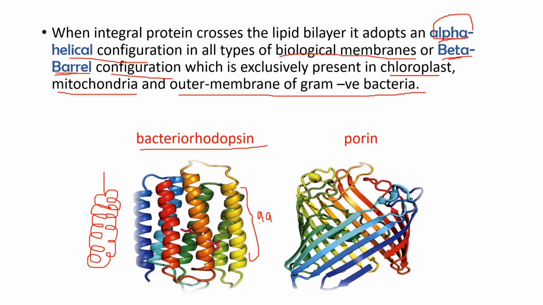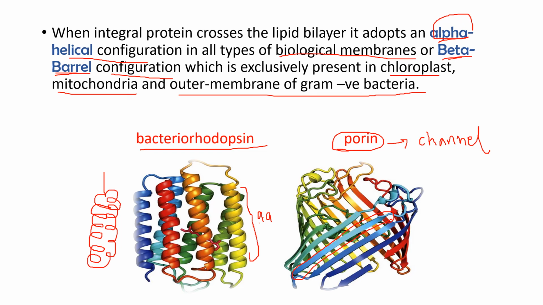An example of beta barrel proteins is porins. Porins act as a channel and are an example of channel proteins. They consist of beta sheets. You can see over here, these are the sheets. This is the secondary structure of protein.